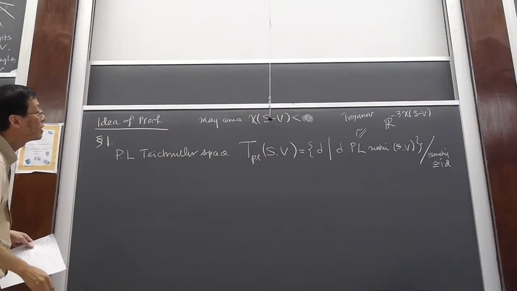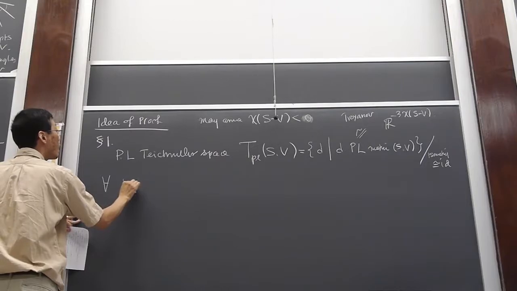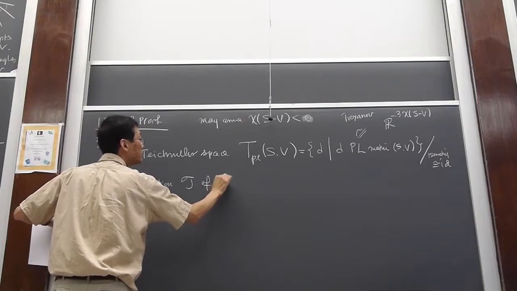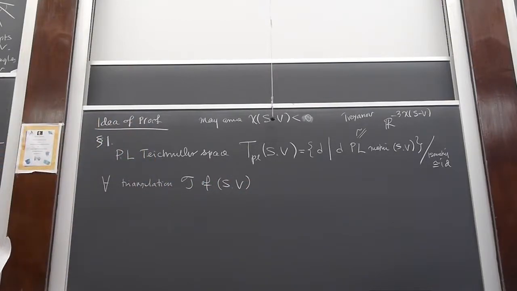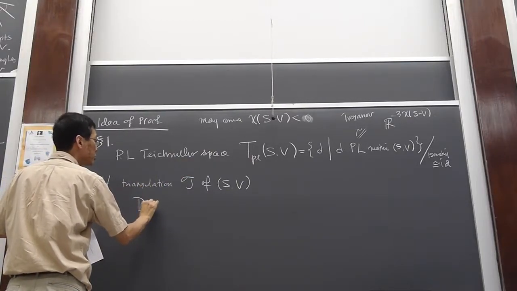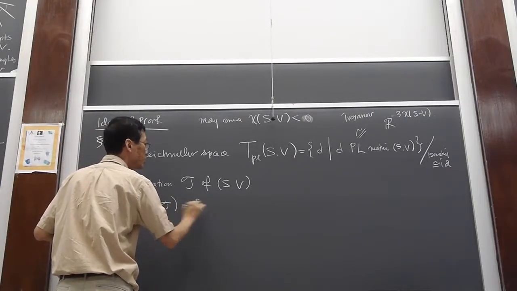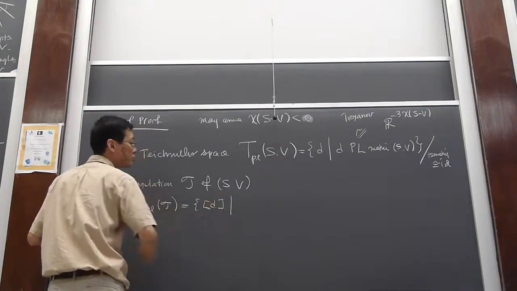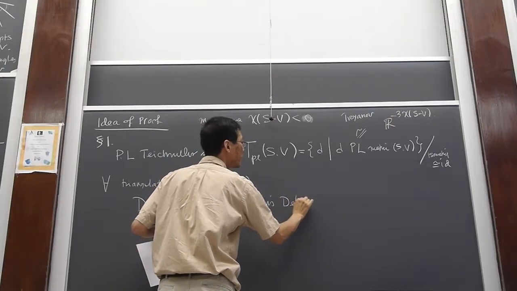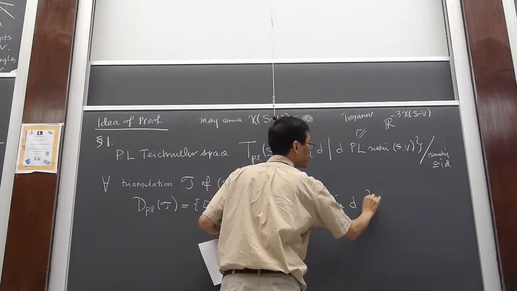And now here is something that we're going to do. So I give you a triangulation T of the marked surface. I'm going to define a subset of the Teichmüller space, called D_PL associated to T, as the set of all equivalence classes of PL metrics such that T is Delaunay in the metric.